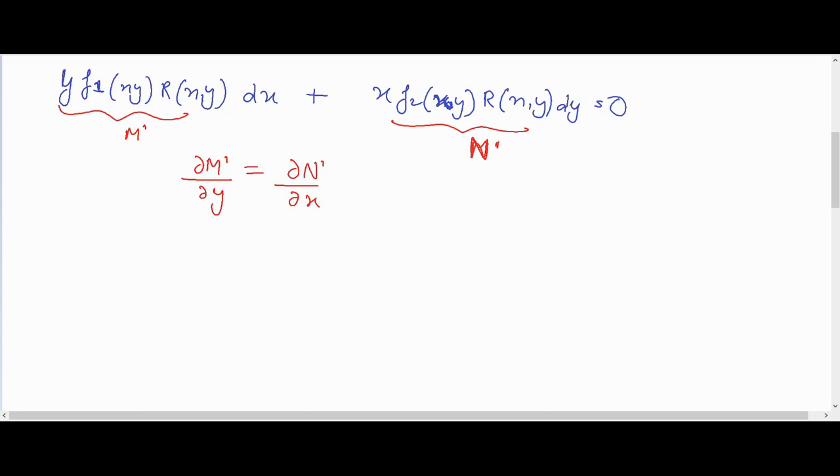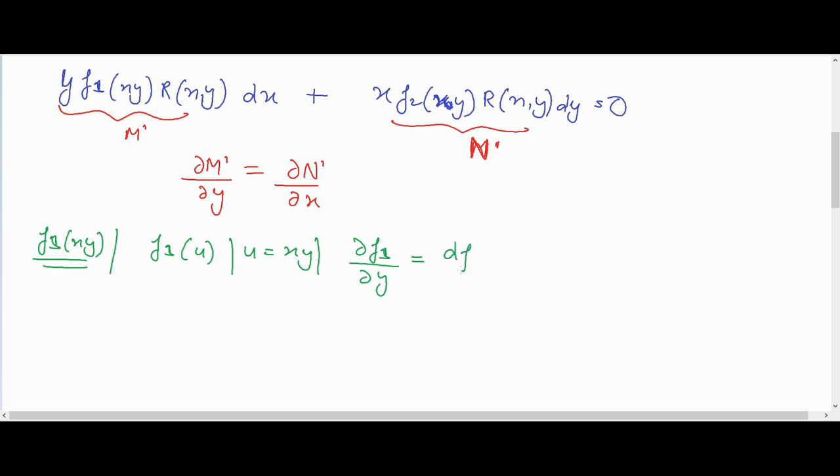So before taking derivatives, we need to know a few things, which are, since this f1 is a function of xy, right? It is a function of xy, so we can also write it as a function of u, where u is actually xy. So now in this case, this is a composite function, right? f1 is a function of u and u is also a function of xy. So if we write, for example, del f1 by del y, if we take this derivative, then we have to use chain rule, right?